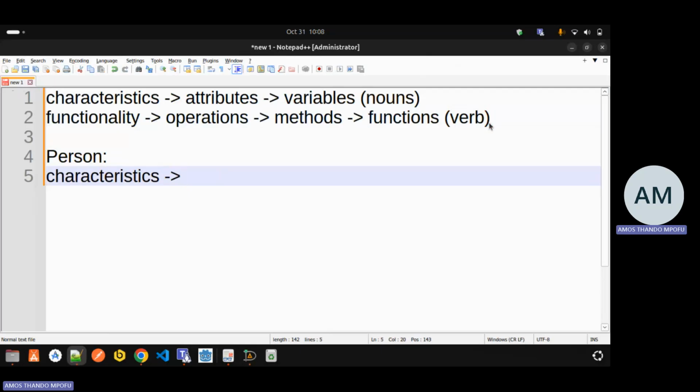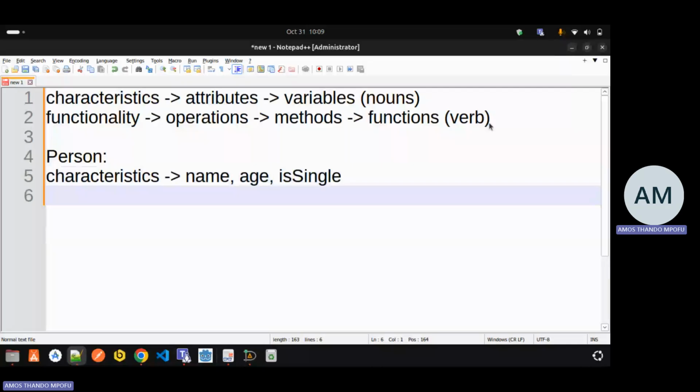So for a person, we can know their name, their age, whether they are single or not, is single. We can know all those properties, right? Or all those characteristics.